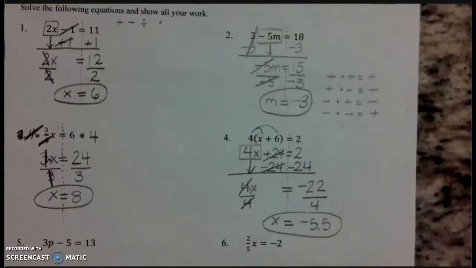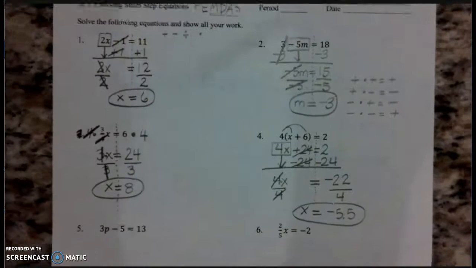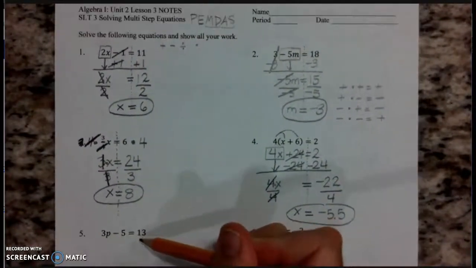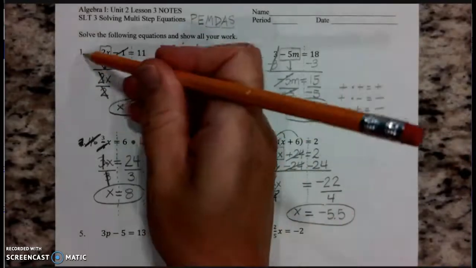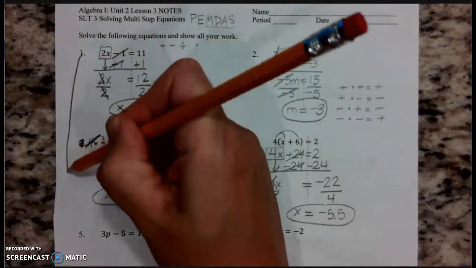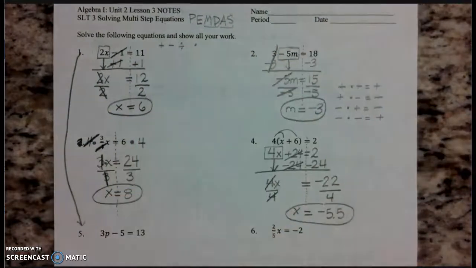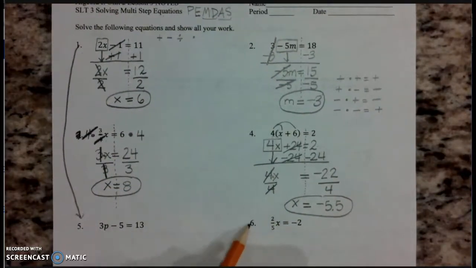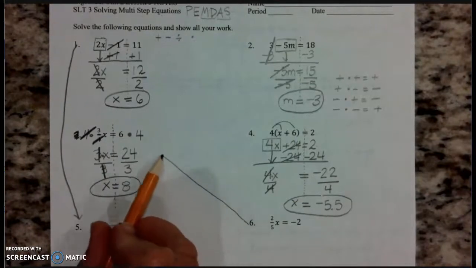So I'm going to quick just show you that each of these partners up with somebody at the bottom. So number 5 is just like number 1. They're besties. Just like him. And, oh, this one has a fraction. This guy's like number 3. They're partners.